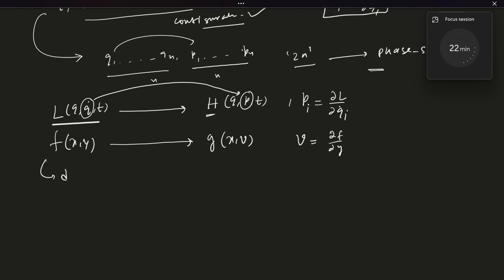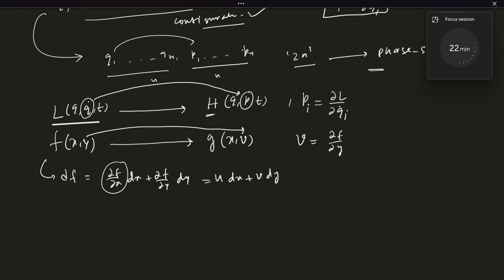First write down df. df is equal to del f by del x times dx plus del f by del y times dy. Let's say del f by del x equals u, so df is u dx plus v dy. So we are going from y to v.